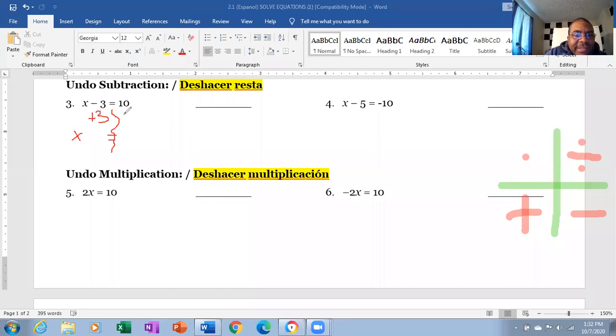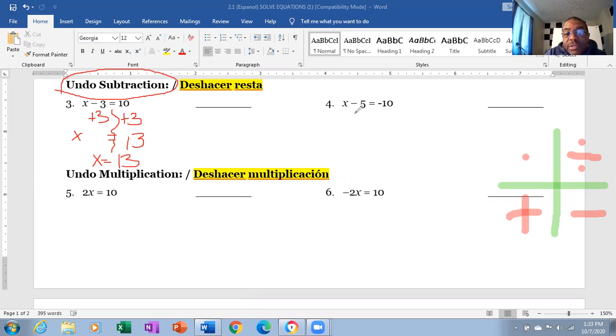Plus 3. Okay, so 10 plus 3 is 13. So x igual 13. X equals 13. All we did was undo the subtraction.